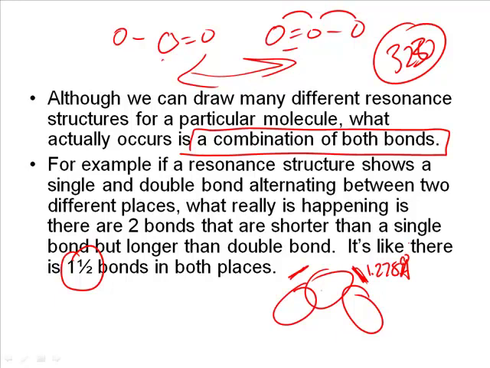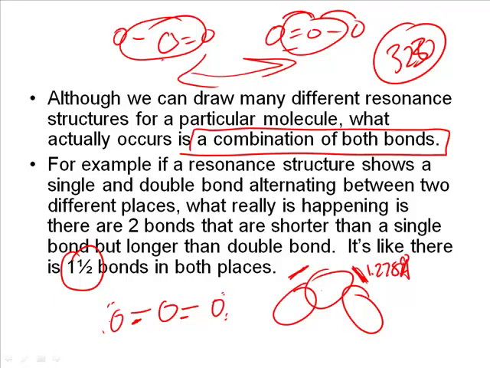Okay, which means that those bonds are exactly the same, which means this doesn't really exist and this doesn't really exist. What really exists is you've got, like I said, a bond and a half here and a bond and a half here between both of them. And yeah, that doesn't really make sense, and then we can't really draw a Lewis structure that appropriately shows that. We would never draw it like that.